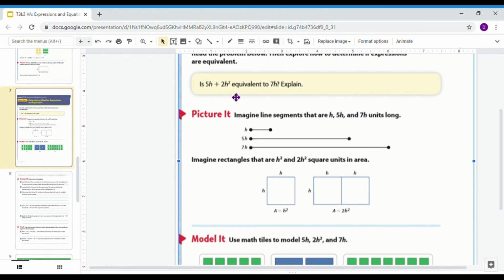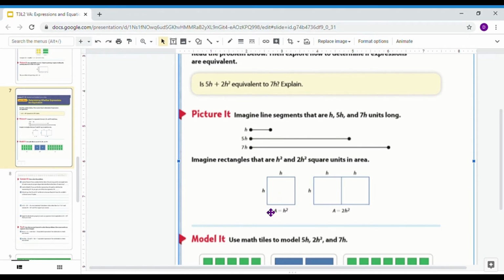And the reason why we don't is because when we start thinking about exponents, we really start thinking about area and volume. So h squared is really going to be the area of a square that has a side length of h.